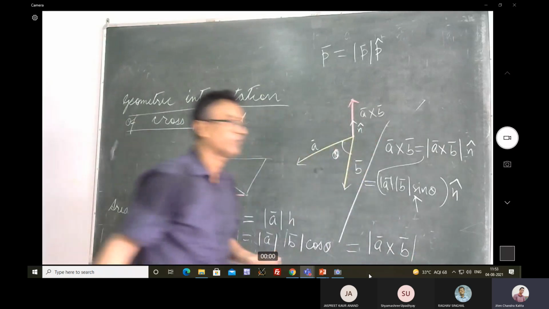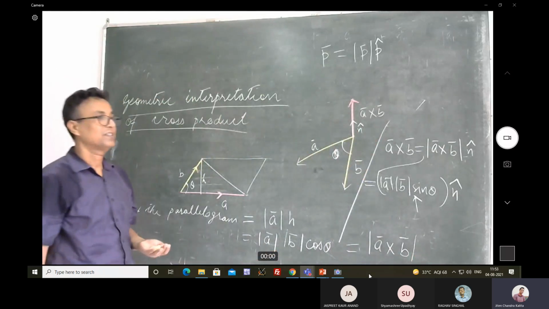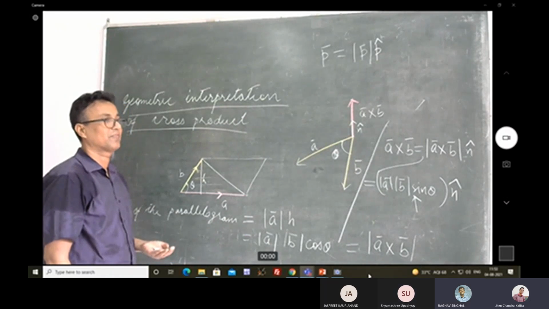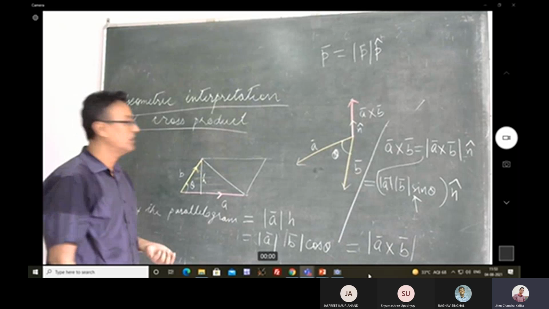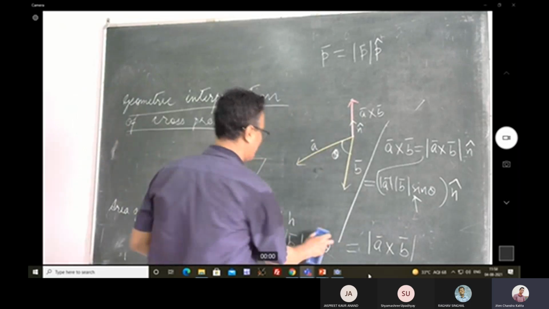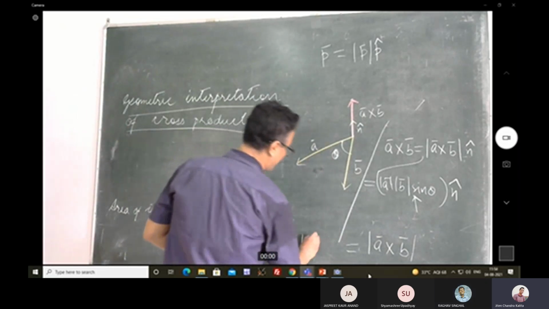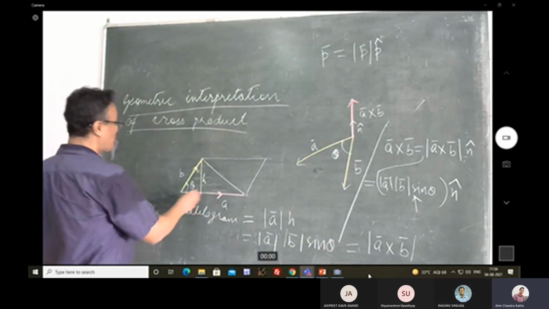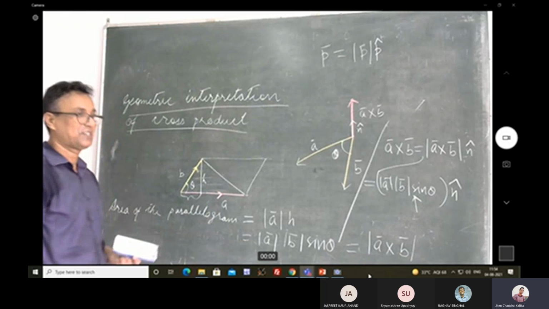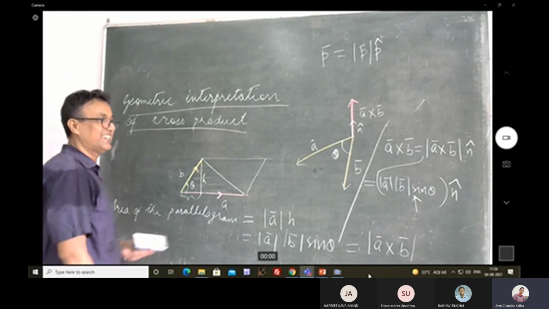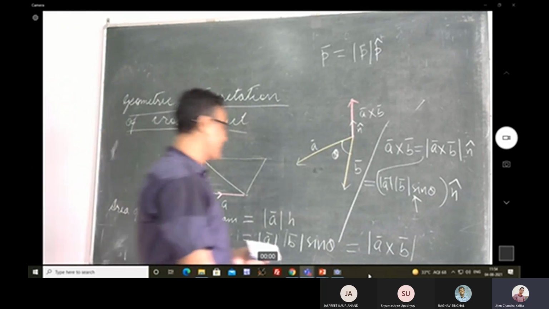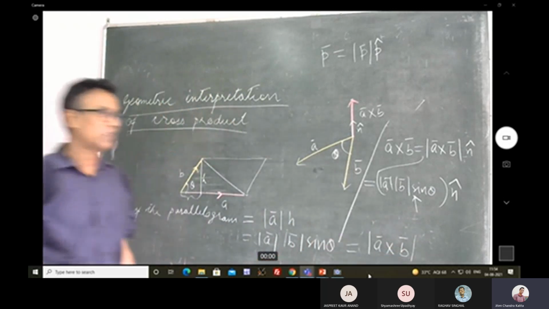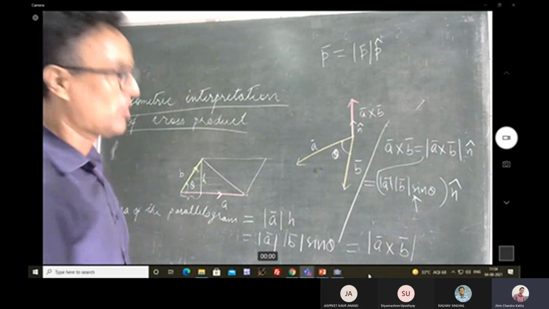We have already found this out. This is sine theta, not cos theta, because cos theta would have been simply this length. Thanks for correcting me. So this is the geometric interpretation of vector cross product.